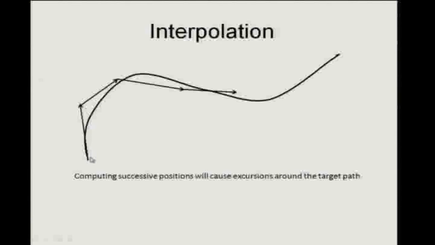Now even if you're interested in tracing a straight line path, if I take this endpoint and this endpoint, and I want to go on a straight line, I can do inverse kinematics, find out the new joint values, and move uniformly.